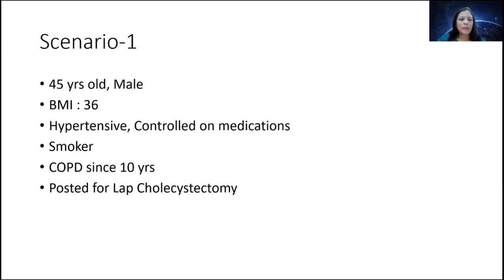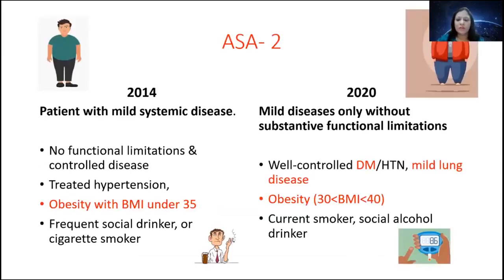Coming on to a 45-year-old male who has a BMI of 36, hypertensive but controlled on medications, smoker, COPD since 10 years, and posted for lap poly. What do you think is the ASA classification? Let me show you further.